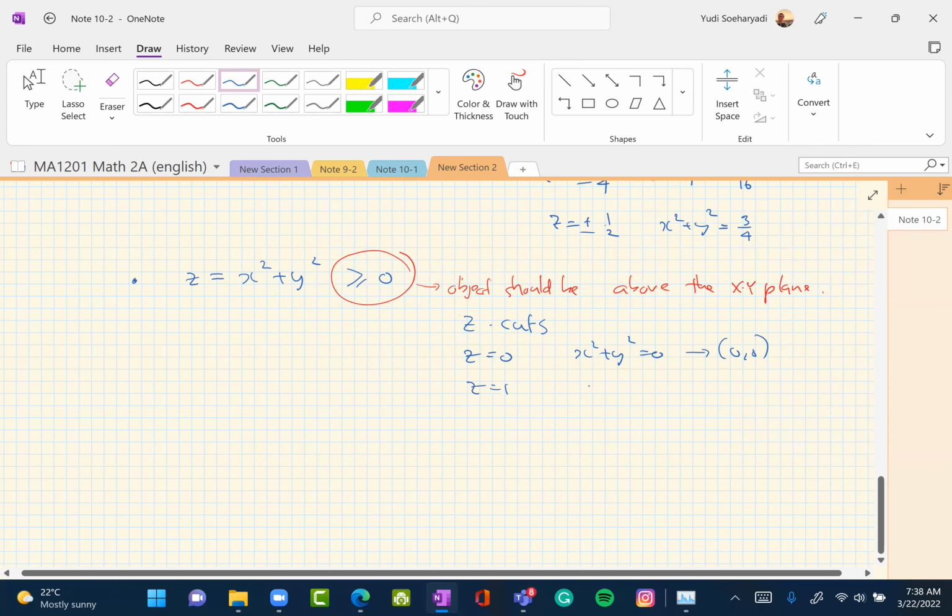Z equals 1, then you get a circle of radius 1. Say this is 4, so this is 4 equals 2 squared. So a circle of radius 2. And for z equals k, this gives you a circle of radius k.